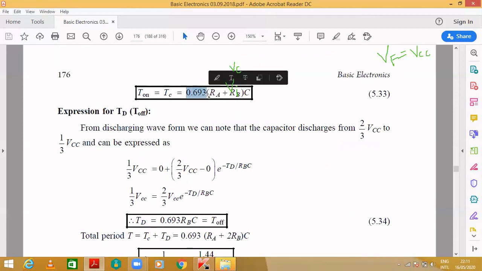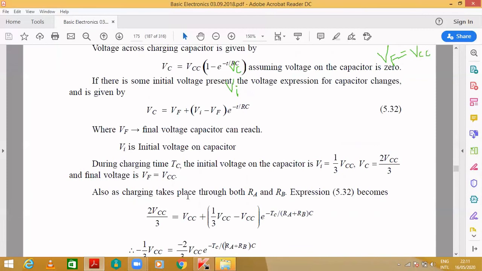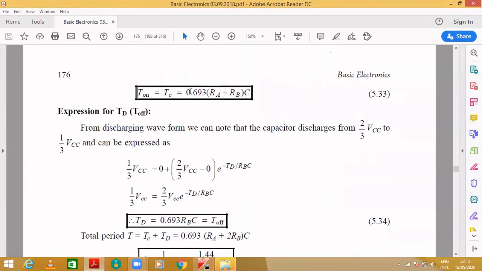So how did you get 0.693? By solving this, if you transfer this 2 by 3 VCC over to this side, this becomes minus 1 by 3 plus 2 by 3 VCC, and e is there, log. If you take that, you will be getting 0.693 RA plus RB into C. This is the value we are going to get.